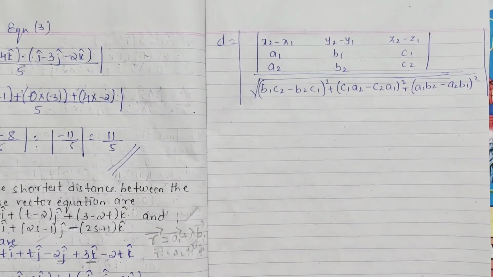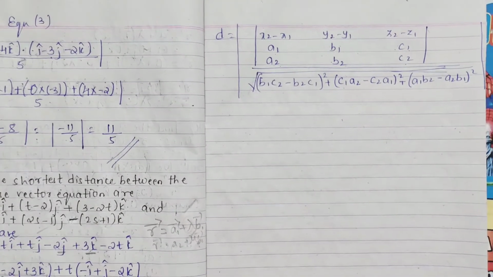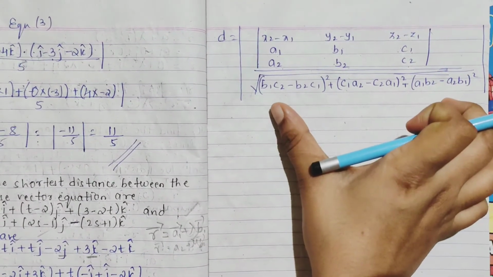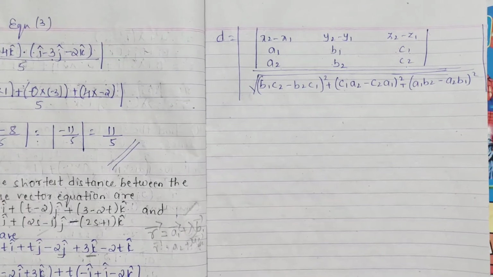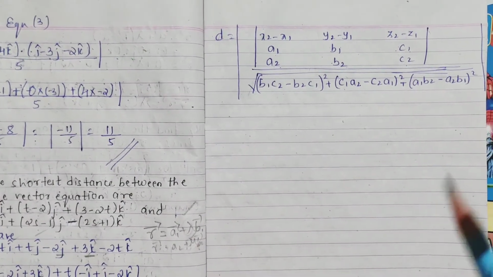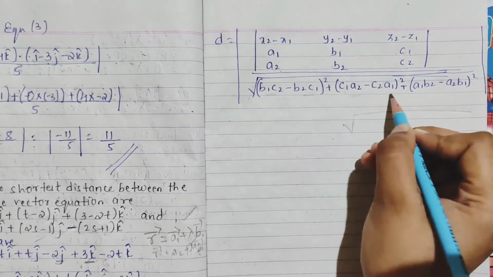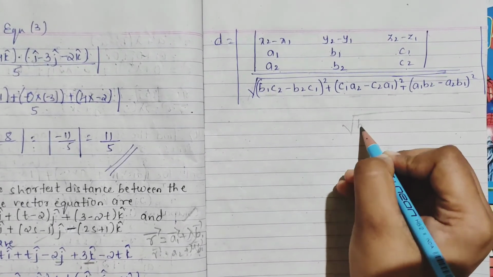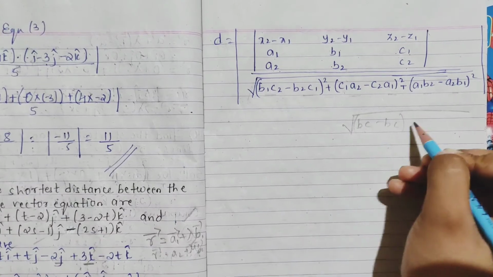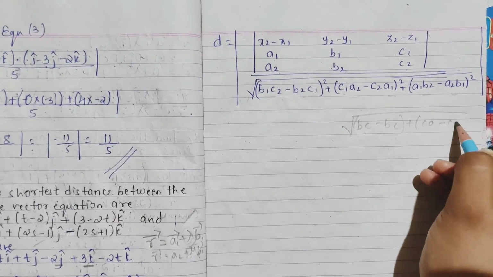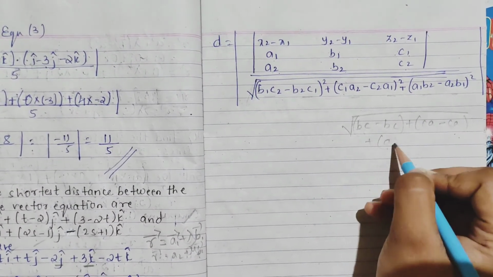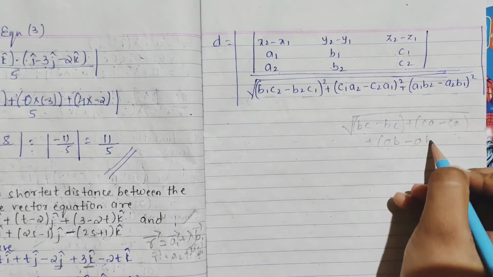If you don't remember this, it is very difficult to remember, so you can use a trick. You do root, see BC, BC, CA, CA, AB, AB. So you do like this: BC minus BC plus CA minus CA, first write like this, then AB minus AB.